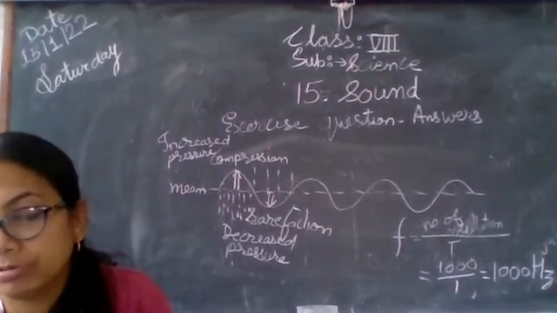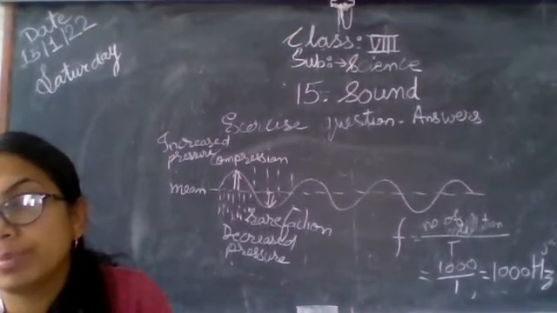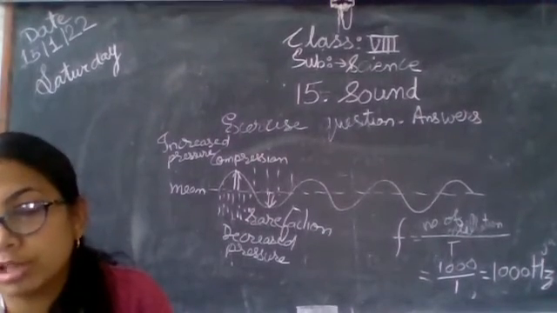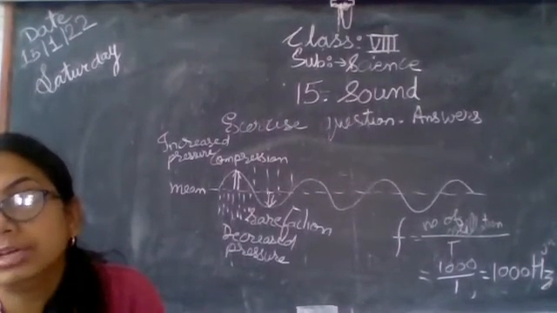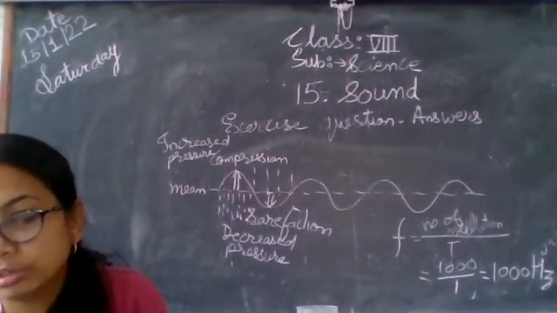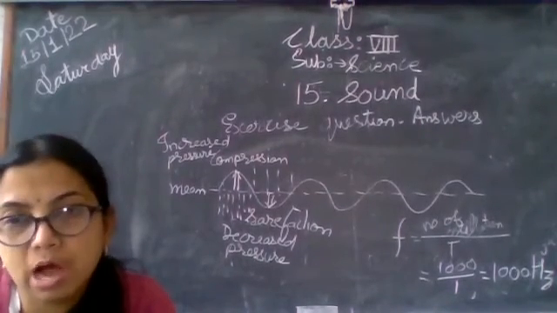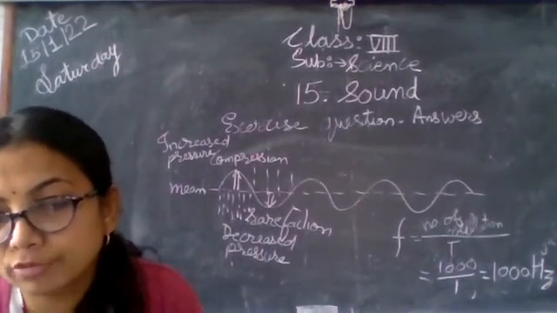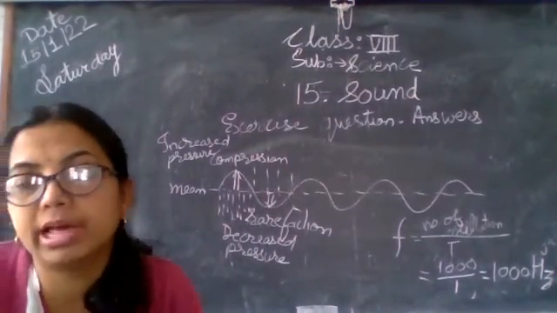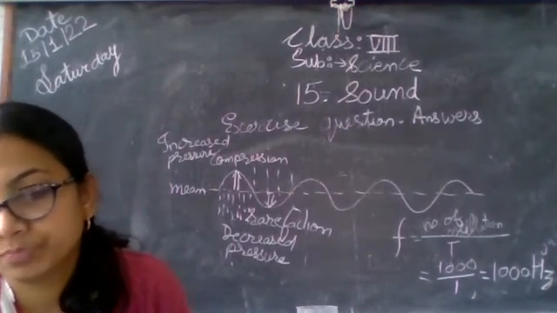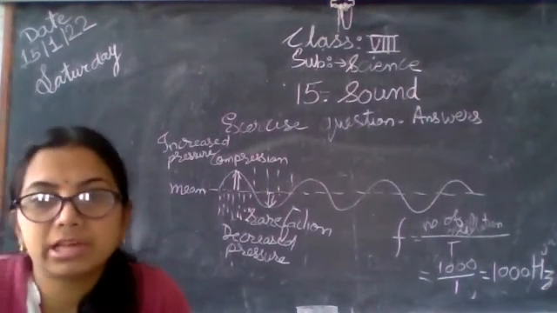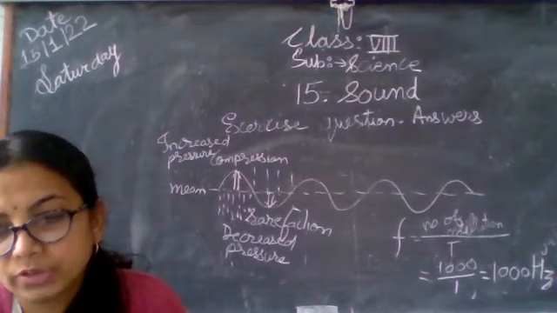Though we ring that electric bell, the sound cannot be heard outside because in the jar it is vacuum, no medium to propagate sound. So this experiment you have to write down from page number 105. Okay, if you need, I can send you the answer also.